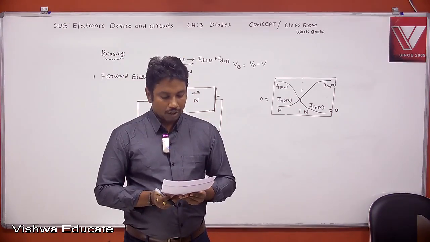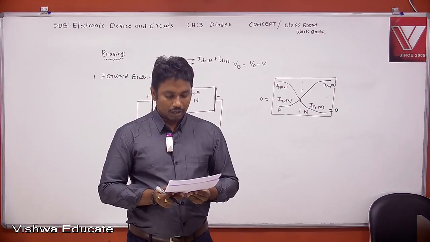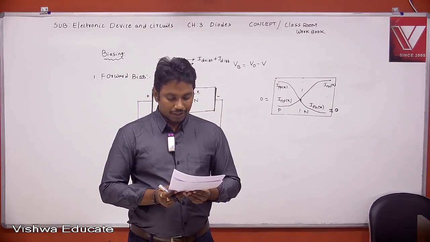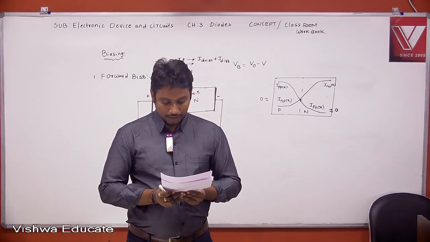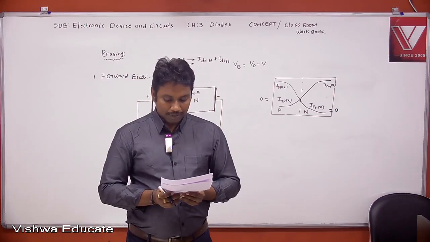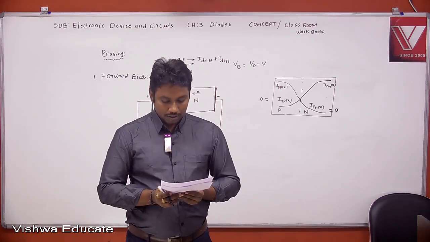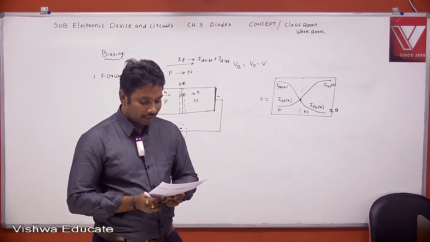Next one, option B: injection and subsequent drift and generation of minority carriers.